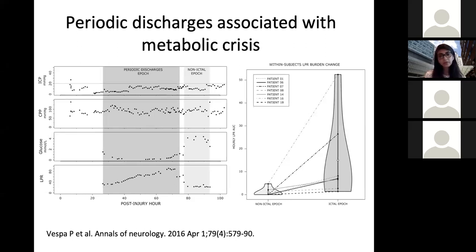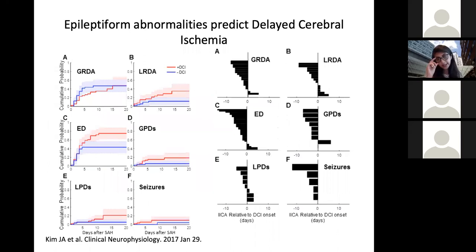Another study was done by Jen Kim, one of our former fellows and residents, who looked at the association of these epileptiform patterns and development of delayed cerebral ischemia in subarachnoid hemorrhage patients. What we found was, again, other than GRDA, which does not seem to be associated with delayed cerebral ischemia, the lateralized patterns and periodic discharges are significantly associated with development of delayed cerebral ischemia.